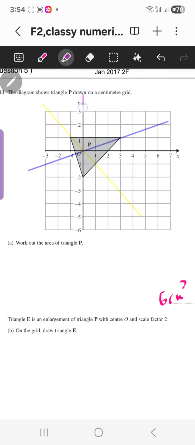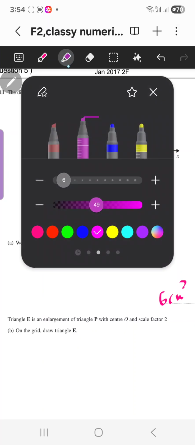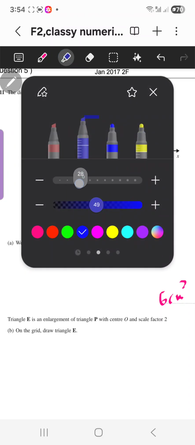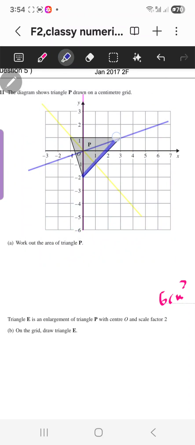And for the last one, it will be on the y-axis. The enlargement must be in between. How can it be in between? Let's see this line, for example, I'll explain it for you. This line is between the purple line and the pink line.